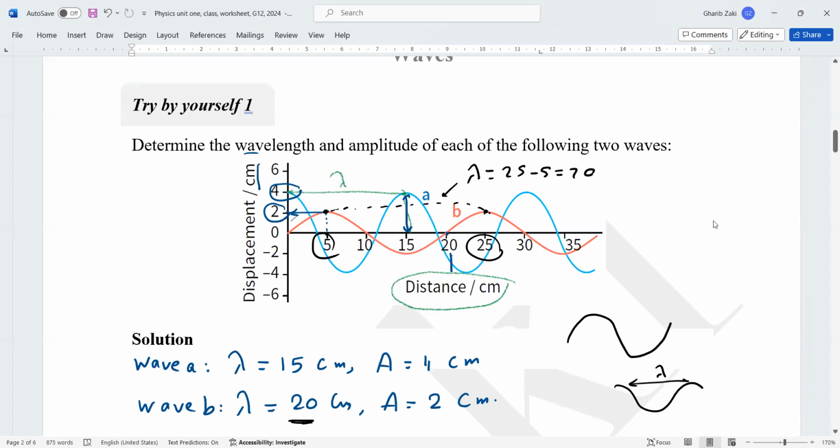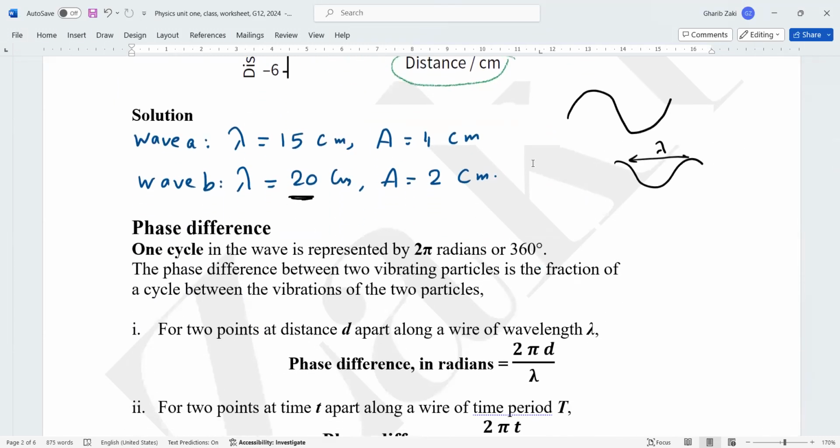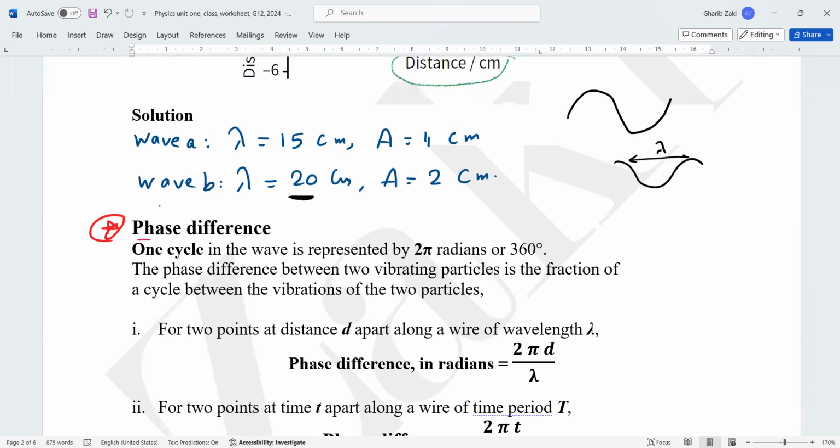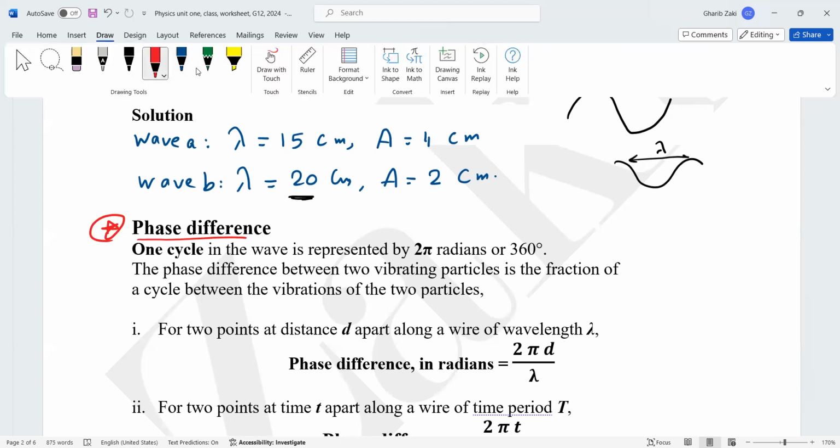Now, next, please. Ready? We talk about the phase difference. This is a very important part. Take care. Again, this is a very important part. The phase difference. Now, here we have the displacement distance graph and the displacement time graph.